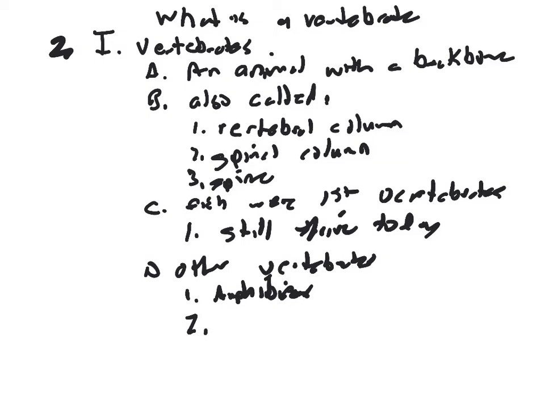If you want to do frogs, again, you probably don't need to do this because you know this, but an example of an amphibian would be letter A, frogs. 2 now is reptiles, such as snakes, and I would go B, snakes.